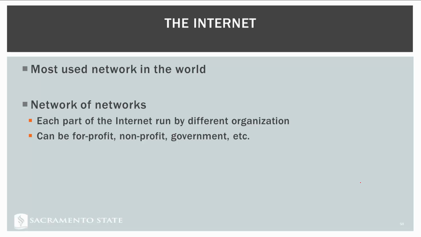Now, the internet is a particular internetwork, and it happens to be one that is run by a lot of different organizations, and that's one of the things that makes it really unique. Some of these organizations are not-for-profit or nonprofit. Some of them are for-profit. In fact, most of them are for-profit organizations, companies. Many of them are governmental institutions.